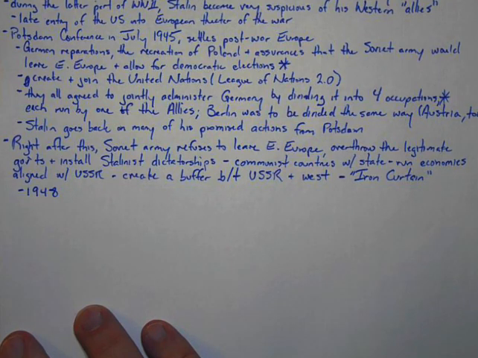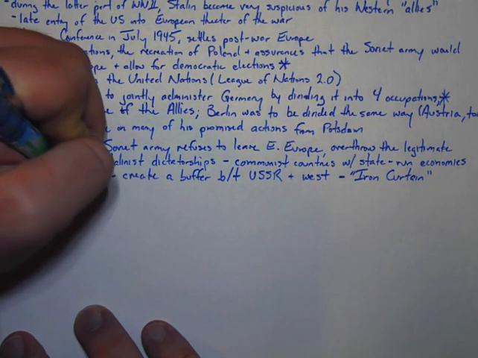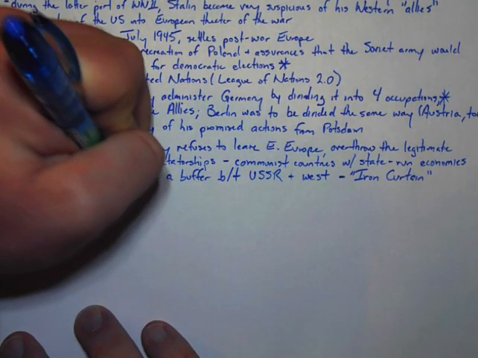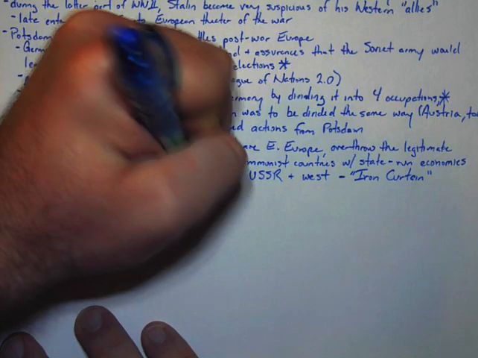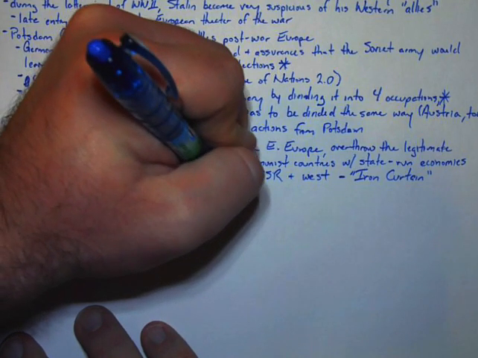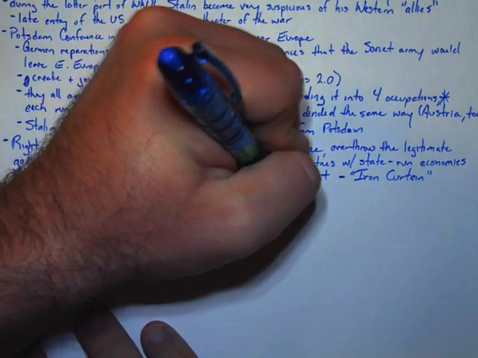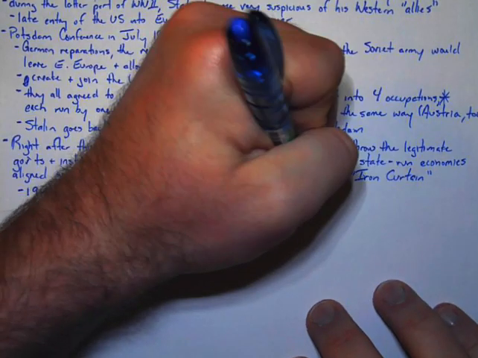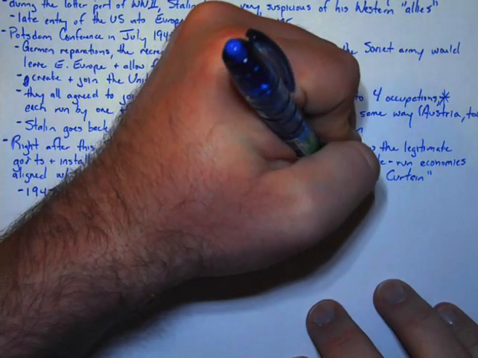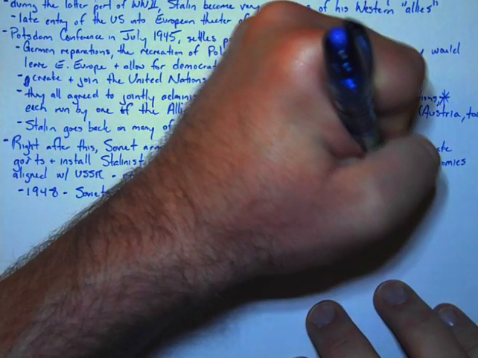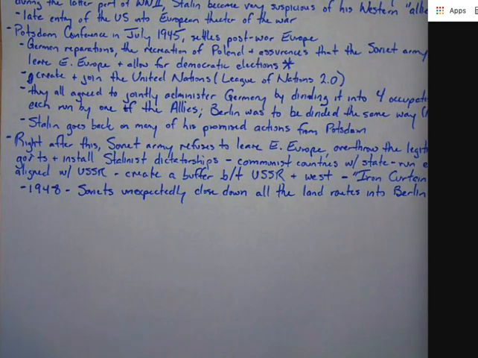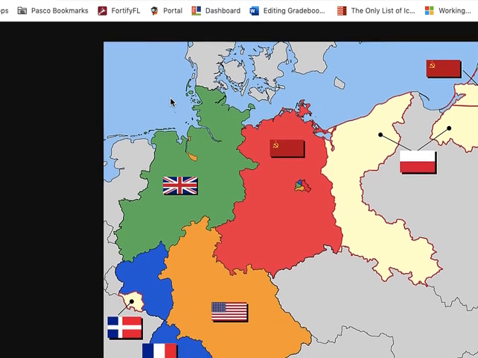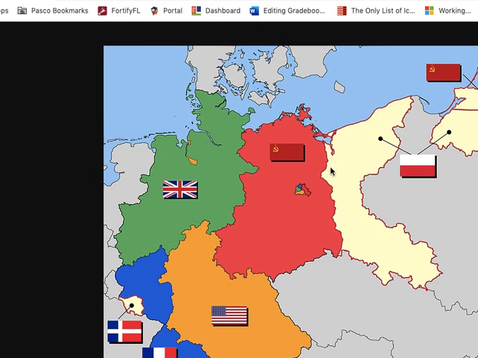So in 1948, the Soviets unexpectedly closed down all the land routes into Berlin. So let me pull up a map.